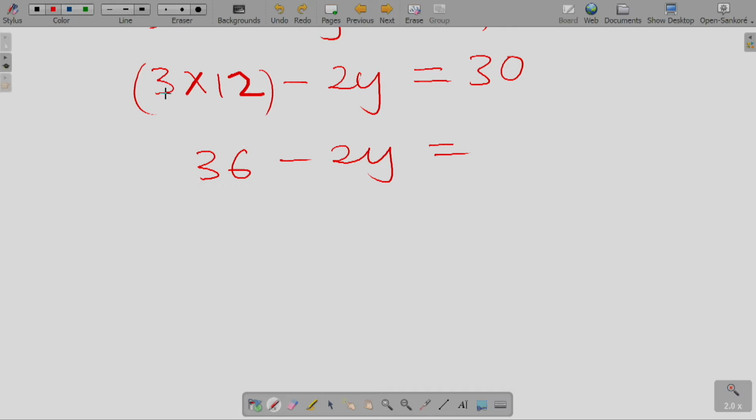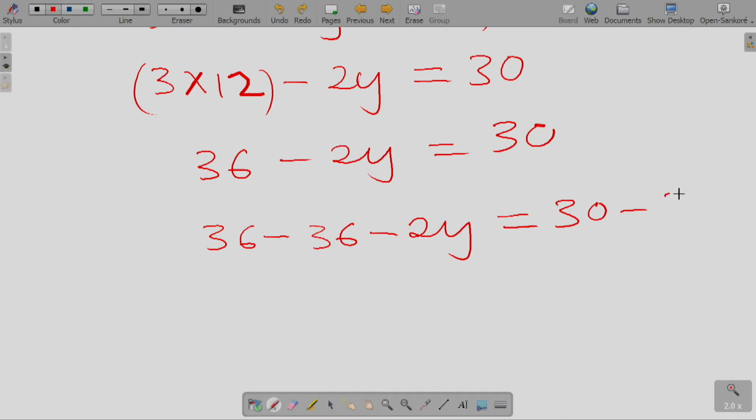So now we need to find the value of the unknown variable y. In order to get variable y, let's subtract both sides by 36. So we'll have 36 minus 36 minus 2y equal to 30 minus 36.